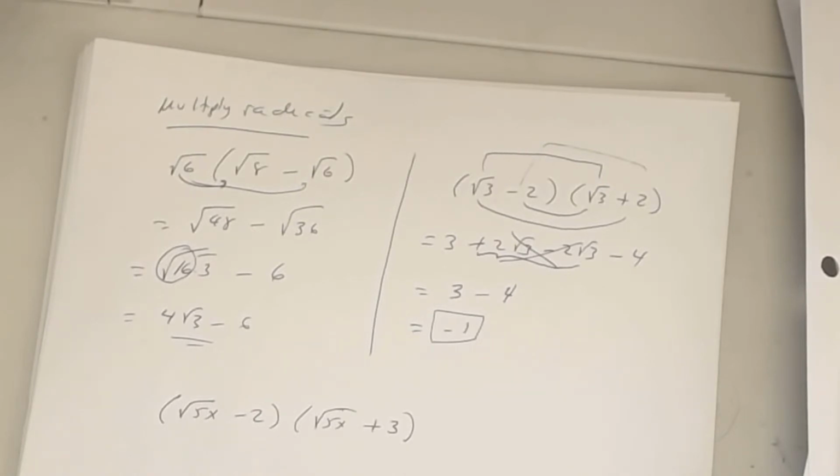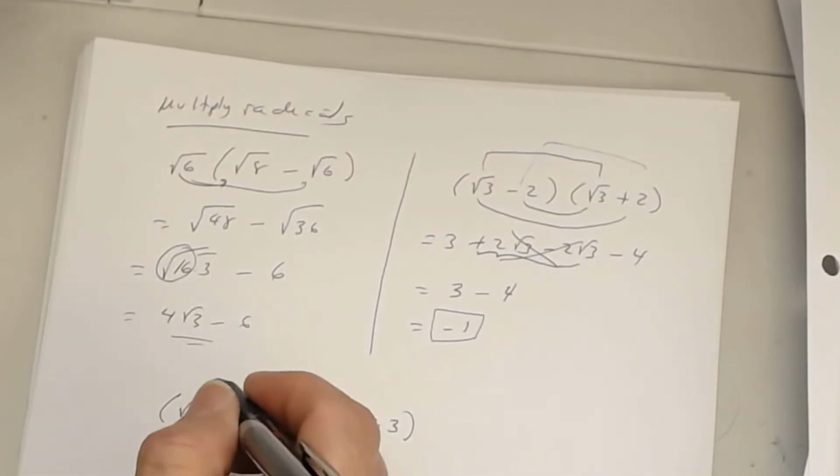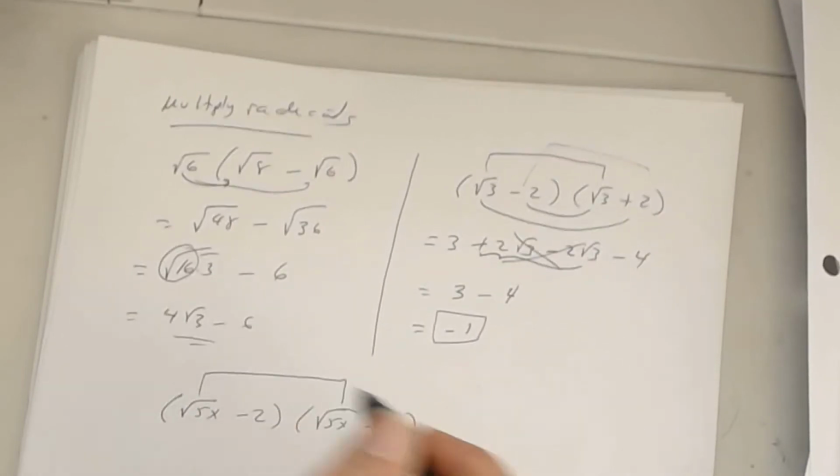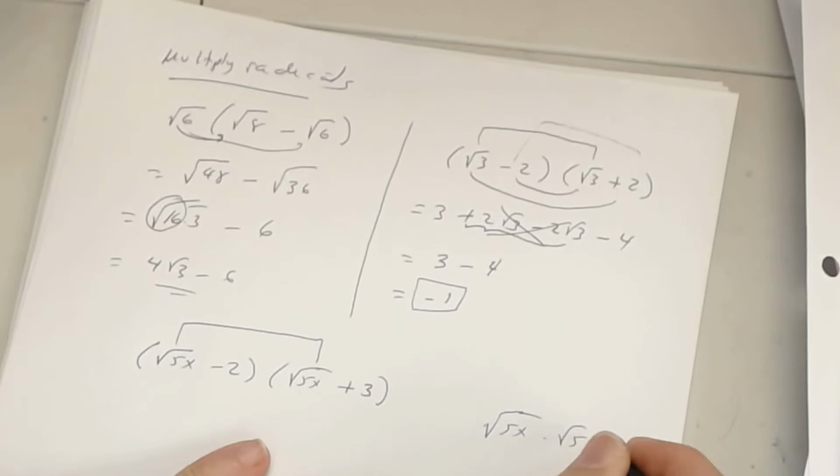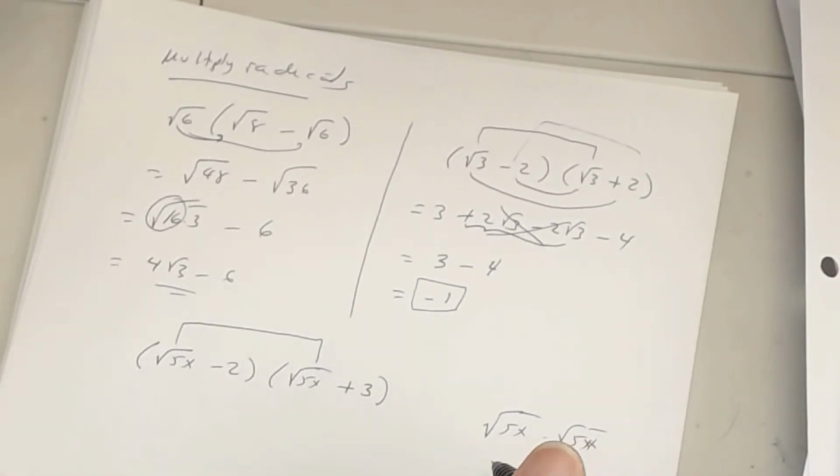FOIL. Okay? Square root of 5x times the square root of 5x. Don't make it difficult on yourself. Think. The square root of 5x times the square root of 5x. That's the square root of 25x squared.